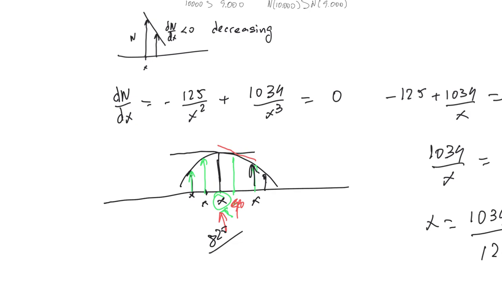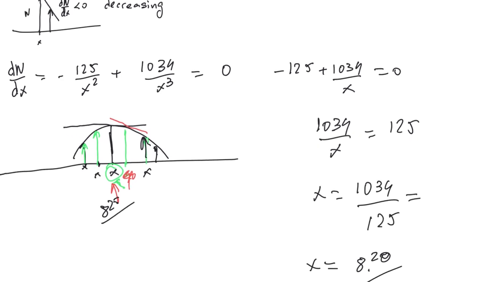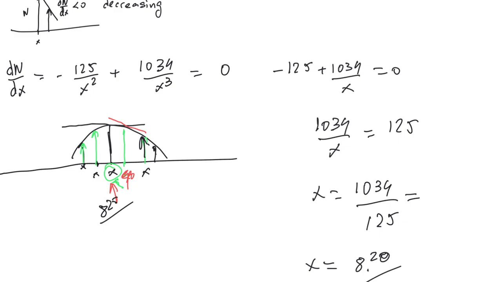Let's check it. When this expression becomes 0, a little bit of algebra will show you that it happens when you multiply the whole equation by x squared, and you will find this equation that you can solve for x.